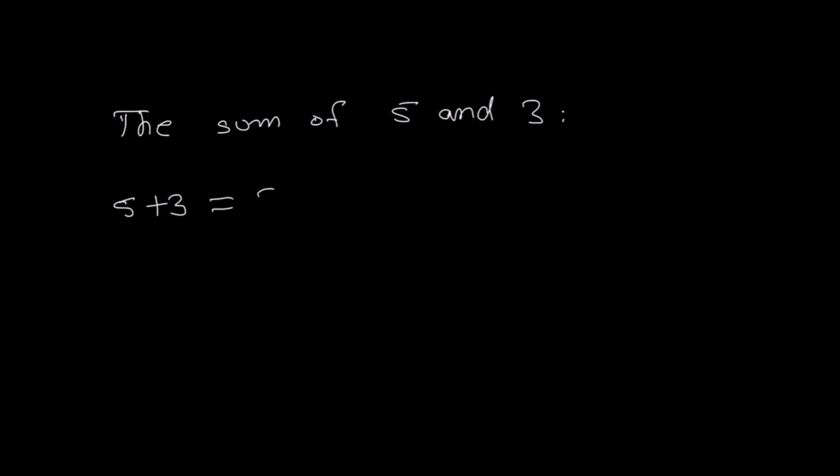What does it mean to say the sum of 5 and 3? That simply means 5 plus 3. So for the sum of 5 and 3, what is the result? The result will be 8.